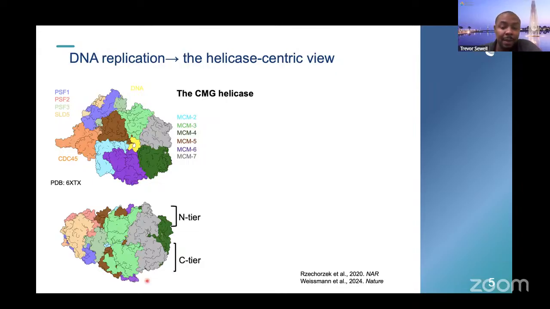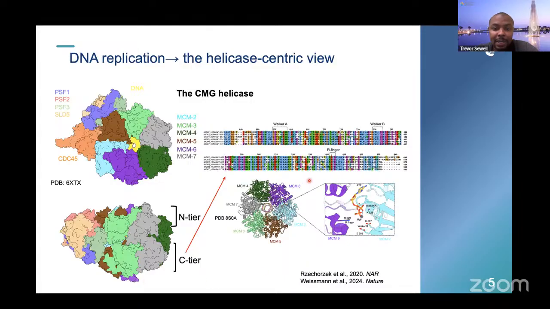And this motor is characterized by a set of conserved Walker A and Walker B motifs, along with the trans-acting arginine finger, which is also conserved.